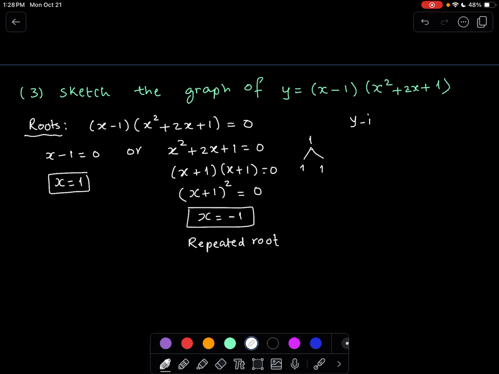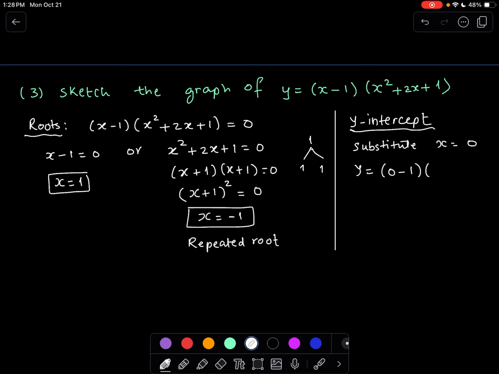Let's find the y-intercept then. For the y-intercept, substitute x equal to 0. So you are going to get y equal to 0 minus 1, 0 squared plus 2 times 0 is 0 plus 1. Basically it's minus 1 times 1, which is minus 1.